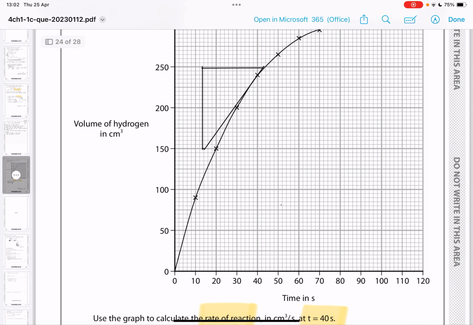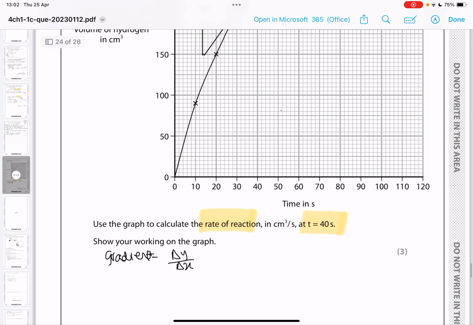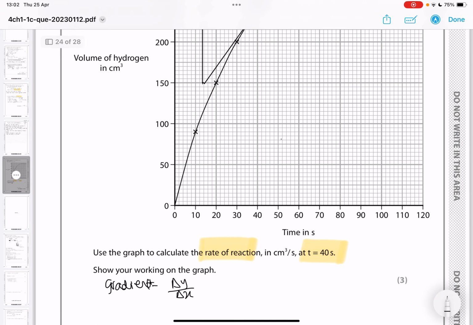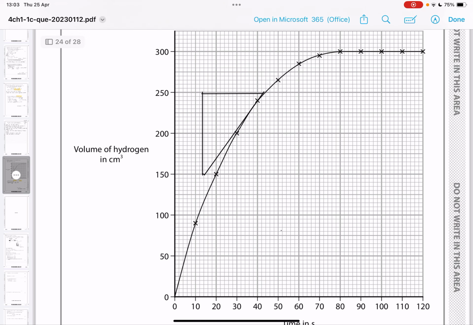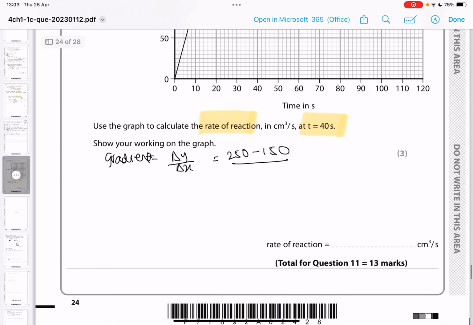So change in y is 250 minus 150. And change in x is, let's see, so in my triangle, it's roughly 42, I think, 42 and 14. I'm going to go with 42 and 14, okay?